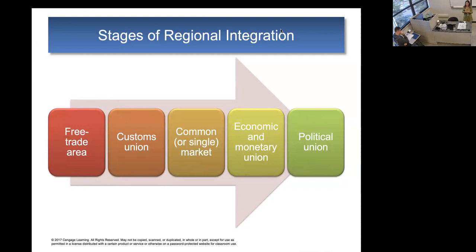Then you have a customs union, where when you exchange goods between countries, you come up with agreements that all of the participating countries are going to follow. Sometimes you have a common or single market area. And then economic and monetary union: flow of money, exchange.